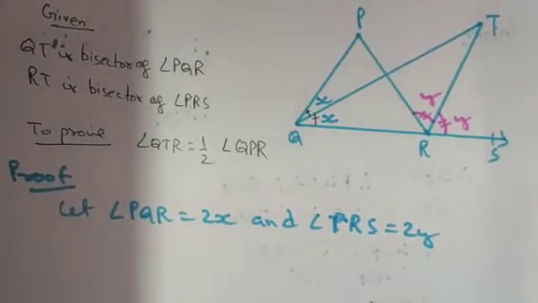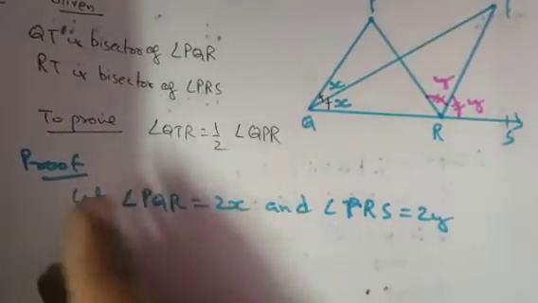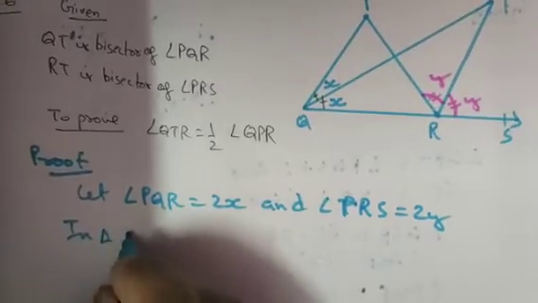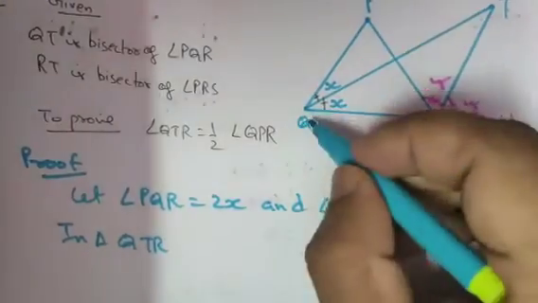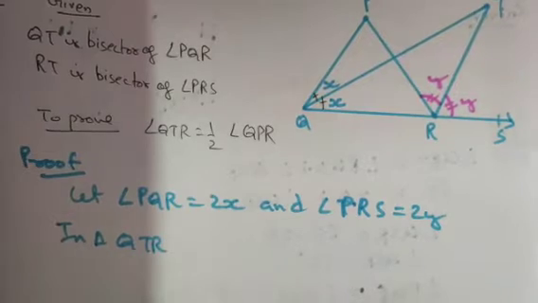Now we can apply the exterior angle property in triangle QTR. In triangle QTR, the exterior angle is TRS.